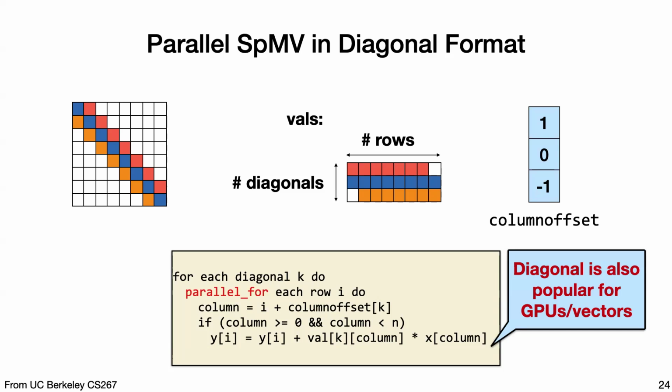Even if you have some empty spaces, if this diagonal is mostly full, you can still just write the zeros out here. And it's popular for GPUs and vector architectures because you can just parallelize it easily. There's not really any random access in X. You're just accessing X left to right. Questions?